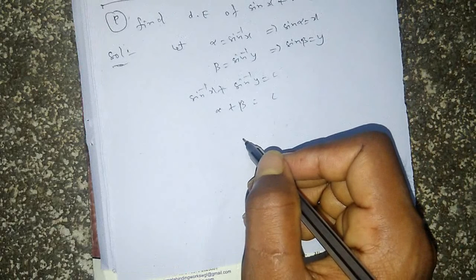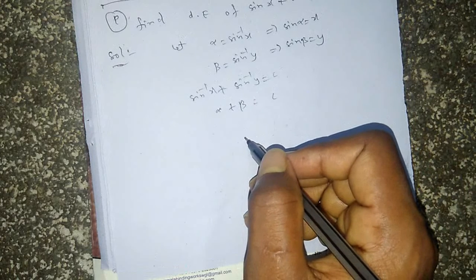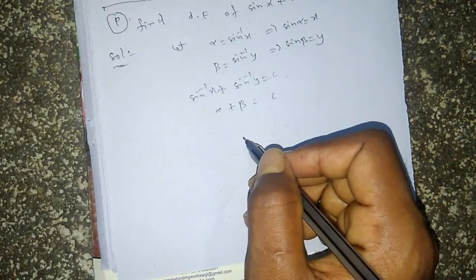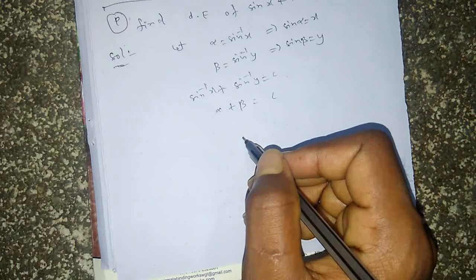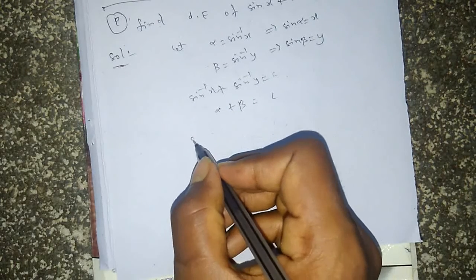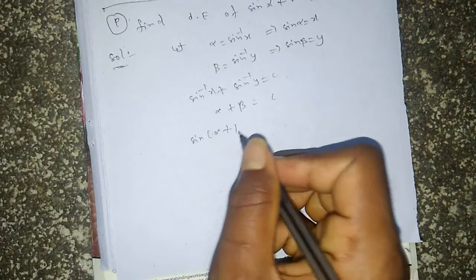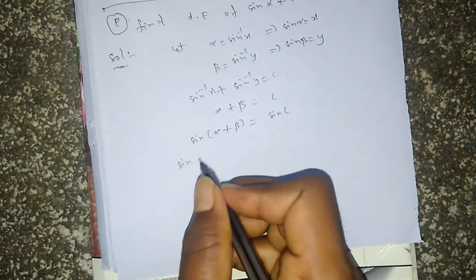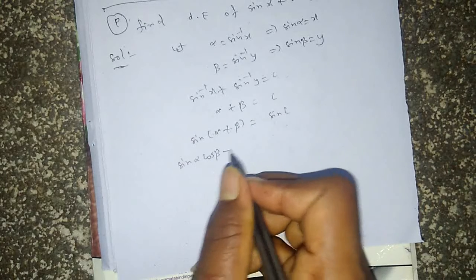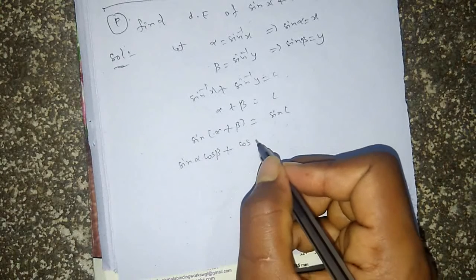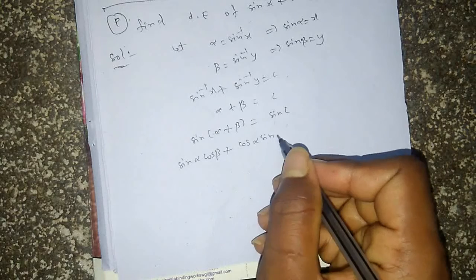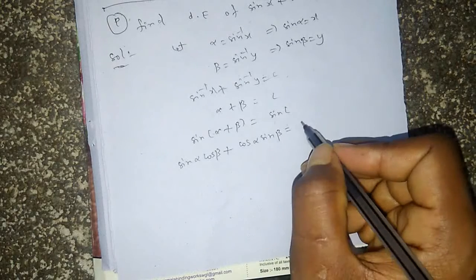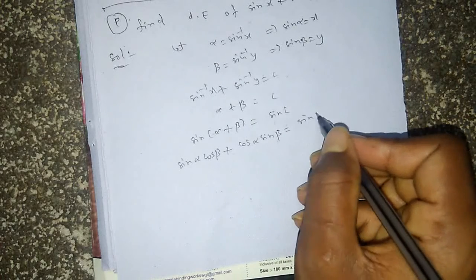Let us apply sin of alpha plus beta is equal to sin c. This is sin alpha cos beta plus cos alpha sin beta is equal to sin c.